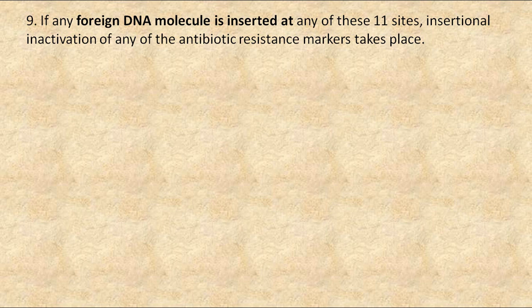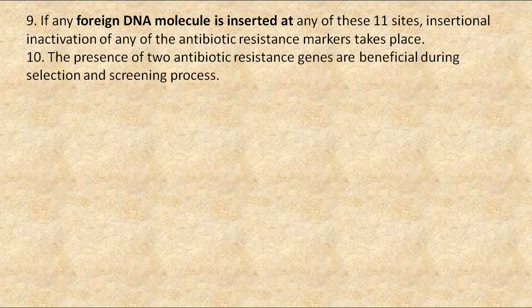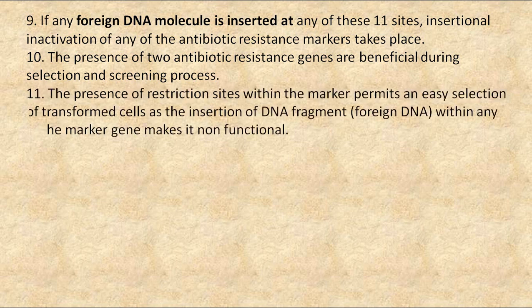If any foreign DNA molecule is inserted at any of these 11 sites, insertional inactivation of any of the antibiotic resistance markers takes place. The presence of two antibiotic resistance genes is beneficial during the selection and screening process.